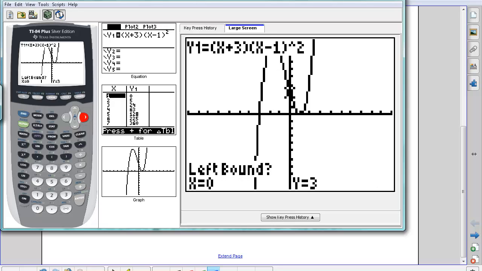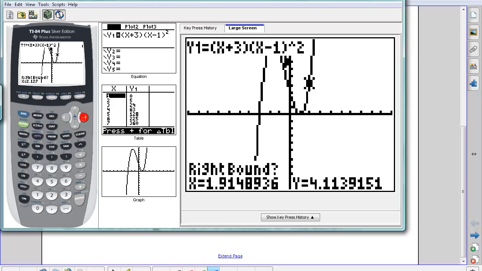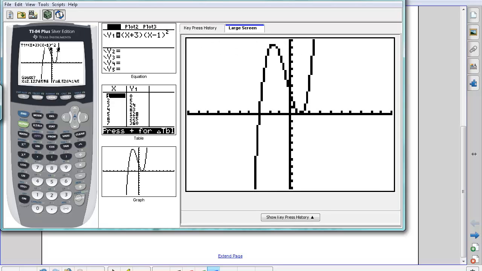Right there, I'm on the left side of my x-intercept, so hit enter, and then go to the right until I pass across that x-intercept. Now I'm on the right side, hit enter again, and for the guess, just punch enter one more time, and there's a zero at x equals 1. So now we know where the zeros of that function are, at -3 and +1.